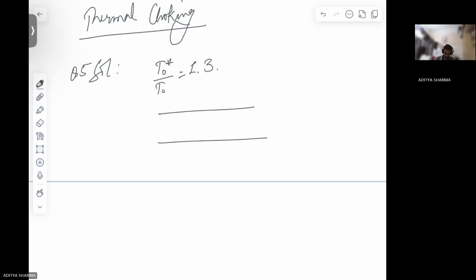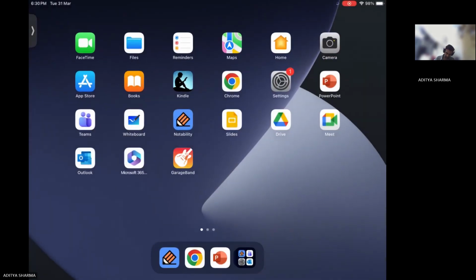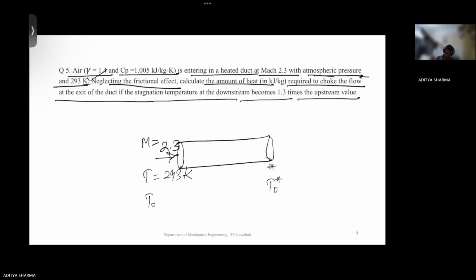The question asks the amount of heat added to choke the flow.